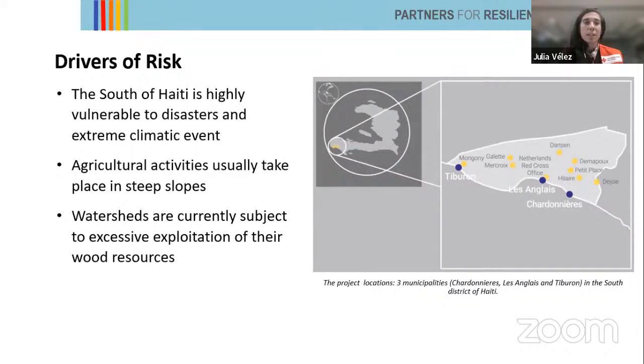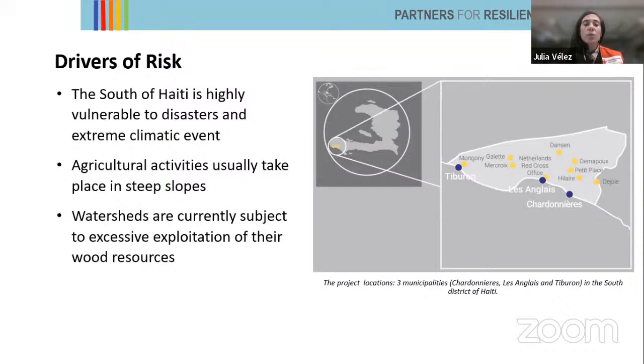And as we witnessed last year with the earthquake that happened during August, the population is exposed to different hazards there, especially related to water, as we have seen in other cases, and also affected by agricultural activities and the bad practices that the population has been implementing on steep slopes, burning the land. Also, this has affected the watersheds, which are currently subjected to excessive exploitation of their wood resources.